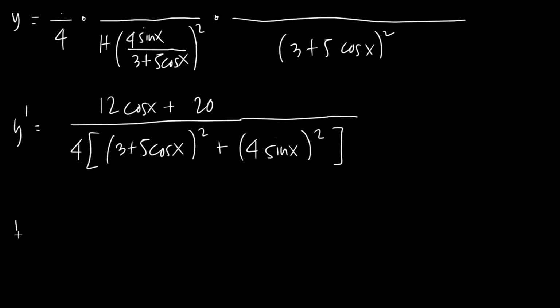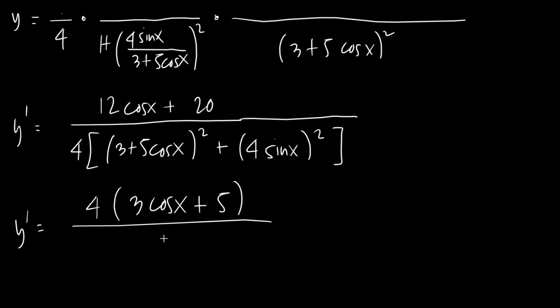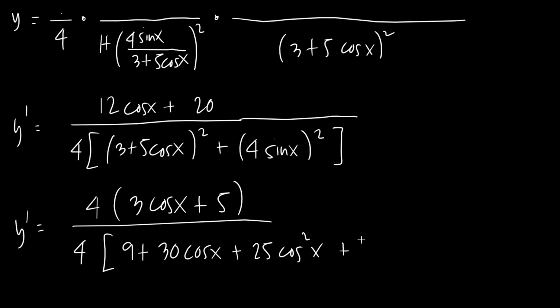So let's evaluate it further. So we have 3 cosine of x plus 5 all over 4. So we have 9 plus, 3 times 5 cosine of x times 2 is just equal to 30 cosine of x, 30 cosine of x plus 25 cosine squared x, so plus 16 sine squared x, close bracket.